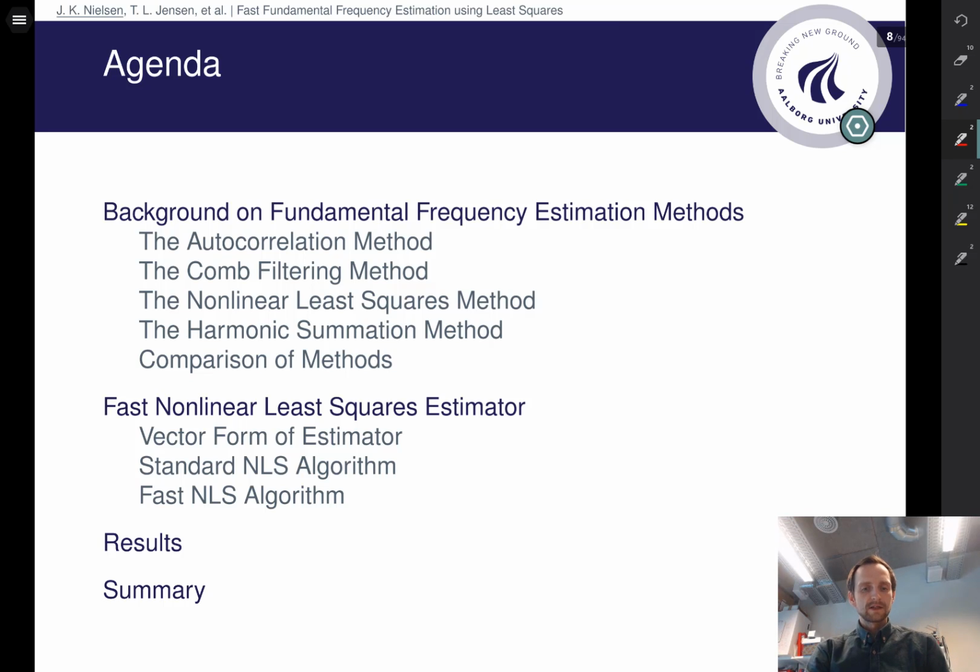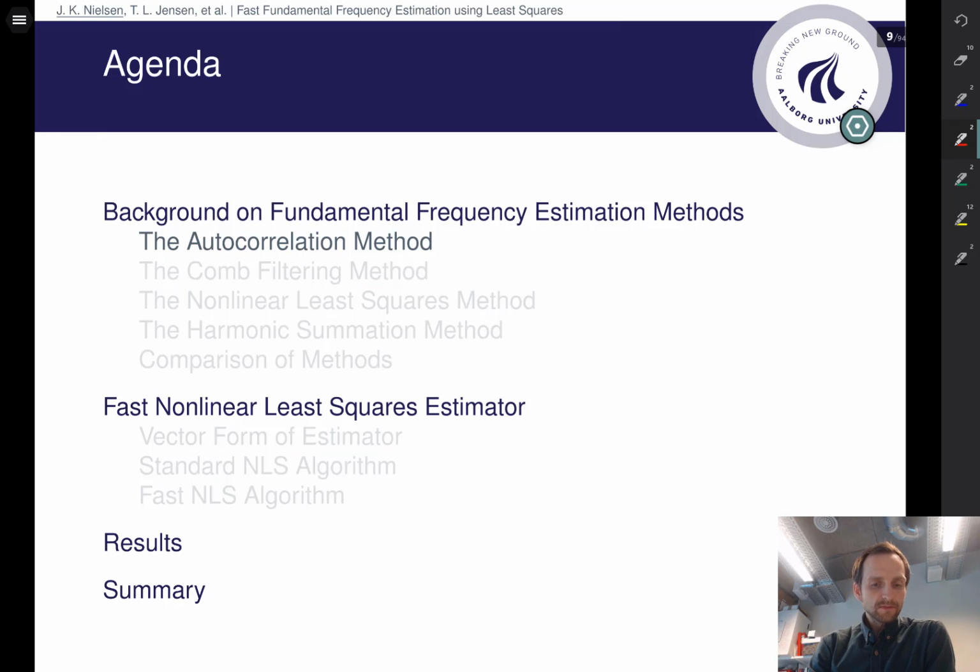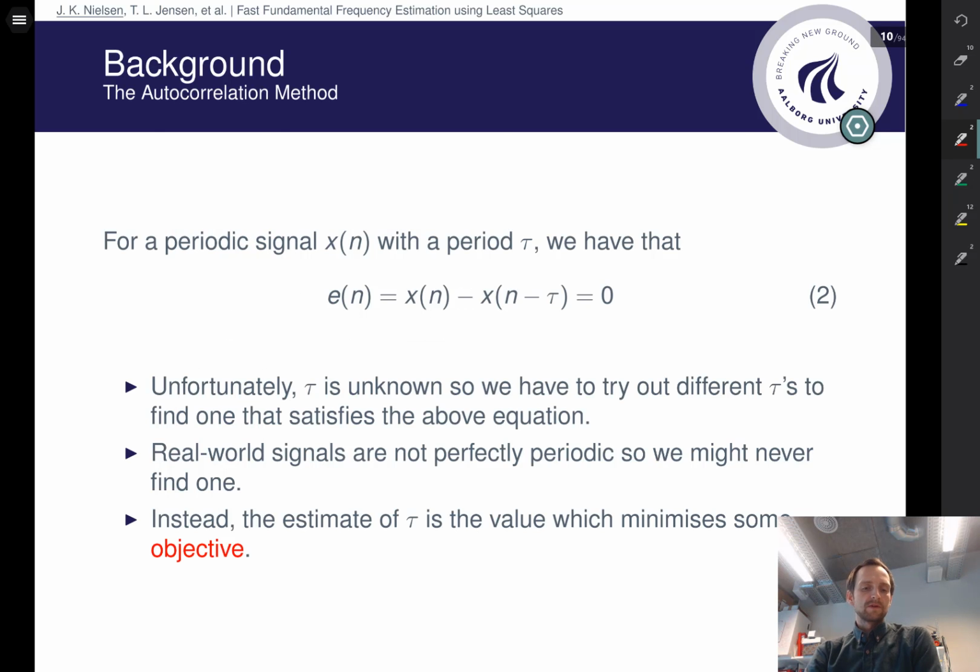But let's start with the background about different fundamental frequency estimation methods. We'll start with the autocorrelation method. You might remember from the first slide that I showed a picture of a periodic signal, and a periodic signal would satisfy that if we shift it by some period, some time tau, then it should be equal to itself.